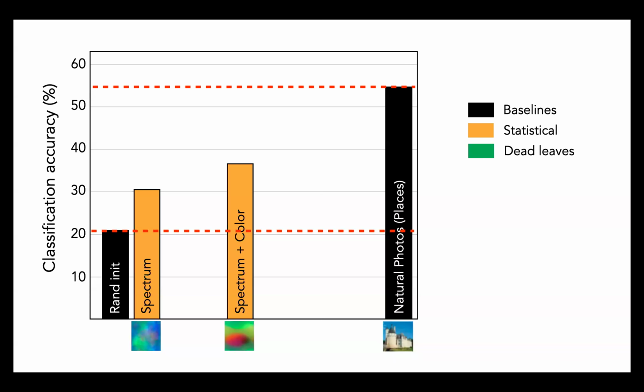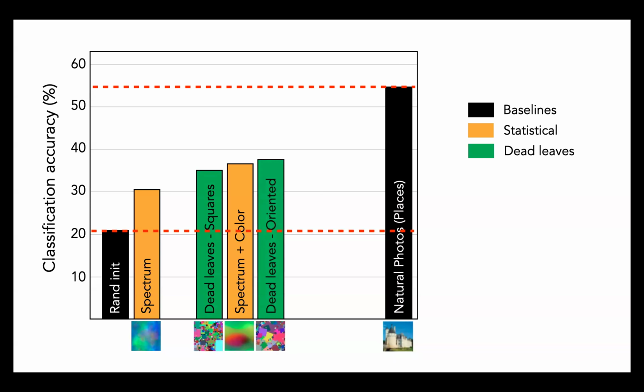Here's what the training data looks like with this process. We can also use oriented shapes, or circles or triangles, or a mixture of all of those things. Each of those different processes leads to slightly different performance, but the gist of it is that as you add a little bit more structure, you add oriented shapes, you add circles and triangles, you start to edge up closer and closer to what you would get if you'd actually trained on real photos. But these are still very simple processes.